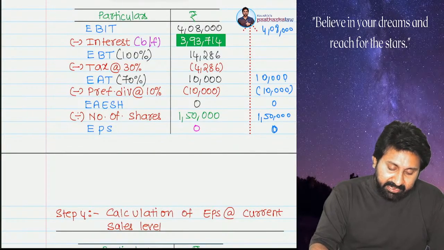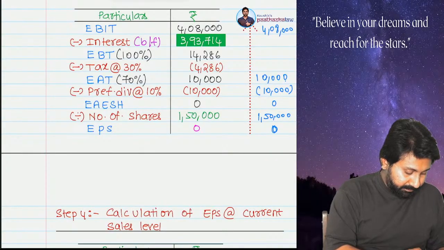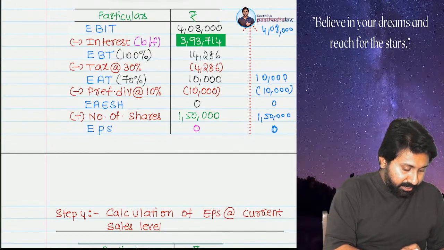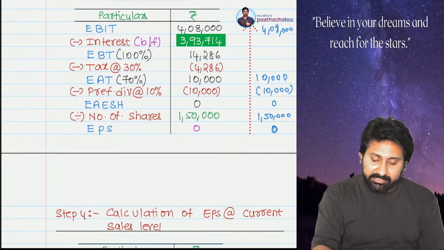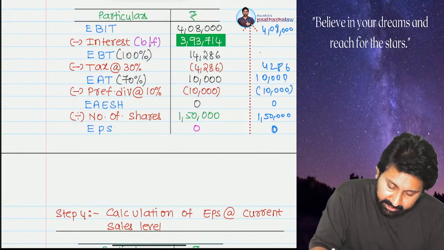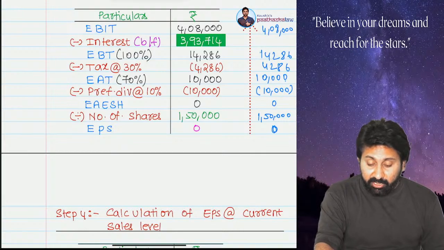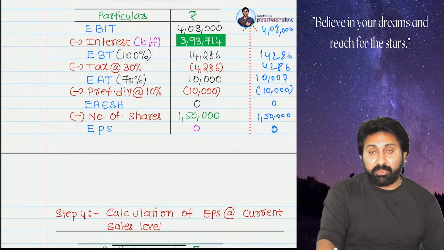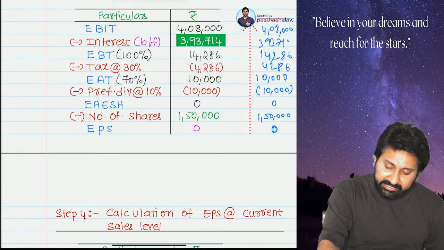If this is 70%, how much is 100%? 10,000 into 100 divided by 70 comes to 14,286. So tax is 4,286. EBIT is 4,08,000, EBT is 14,286, and the balance is the interest, which is 3,93,714.